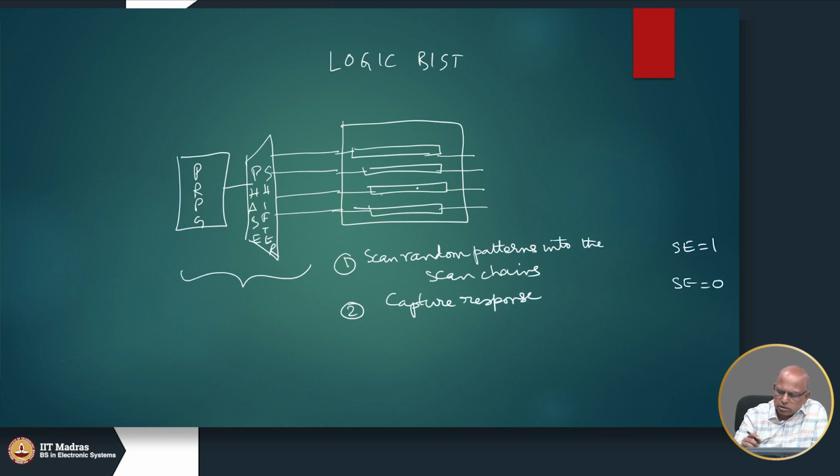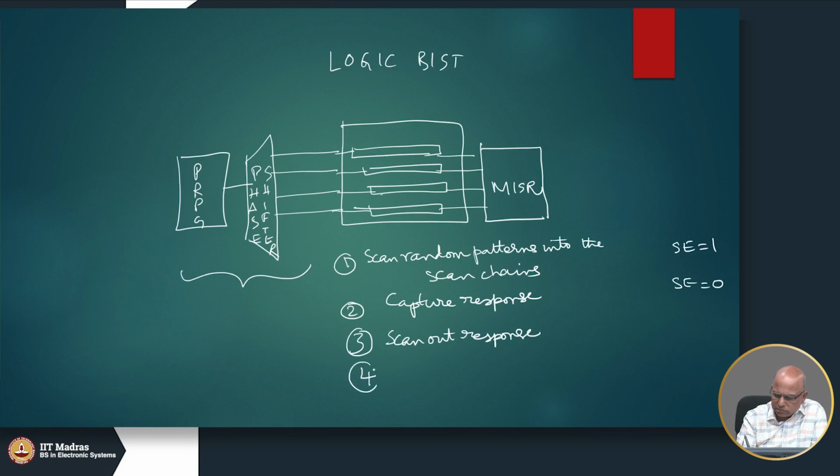Depending on whether the circuit is good or bad, a different response will be captured into the scan chains. Then scan out the response. And these responses will be compacted using the multiple input signature register.